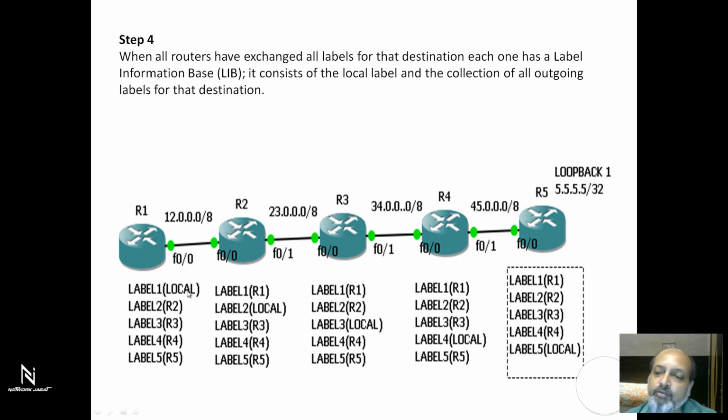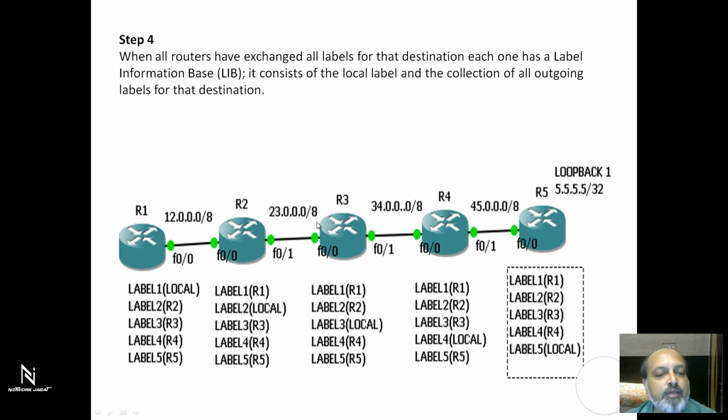Obviously, one label is their respective local label, and all the other labels are considered as the outgoing labels. So for R1, labels 2, 3, 4, 5 are outgoing labels for going to loopback 1, this 5.5.5.5. For R2, label 1, label 3, label 4, label 5 are the outgoing labels for reaching 5.5.5.5.